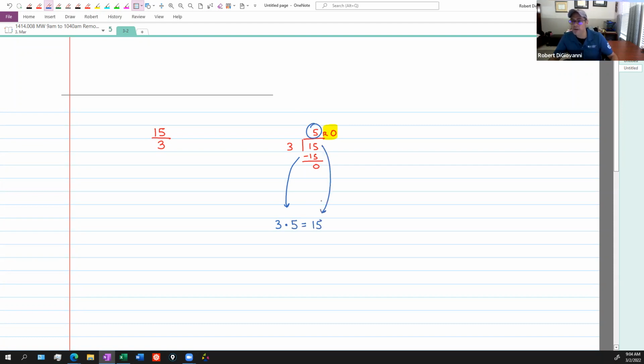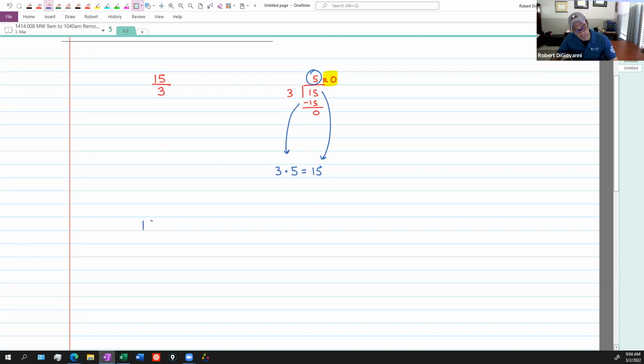Another way to look at this is that we have taken the number 15 and broken it down into a product of two things. This is called a factor, and this is called a factor. So we have rewritten the number in its factored form, 3 times 5. Somehow, doing division allows you to take something and factor it.